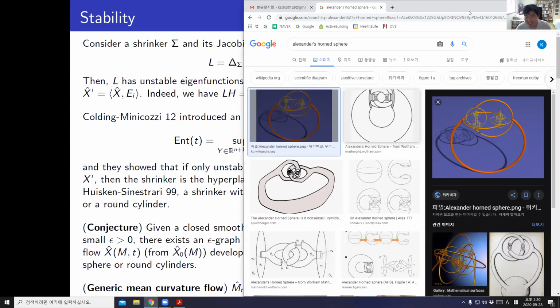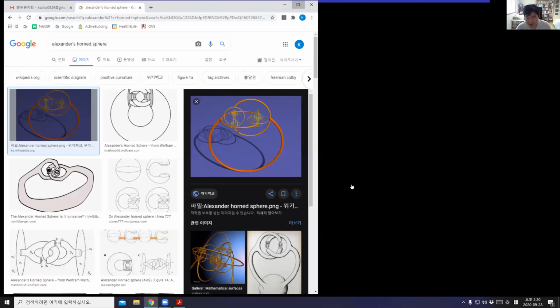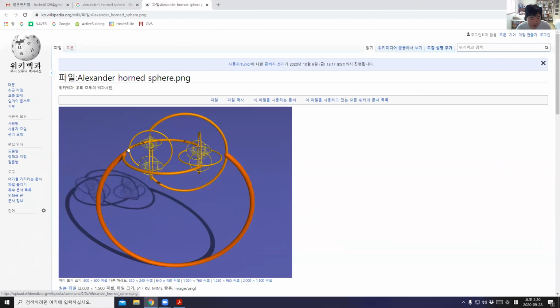Because of copyright, let me just show this image on Google. Maybe you can Google it. This is maybe the image on Wikipedia. This is the Alexander horned sphere. It is constructed by topologists, so I don't understand it, but they say this orange guy is topologically a sphere, and clearly it does not bound a ball.